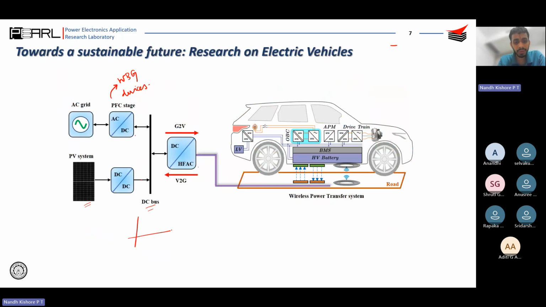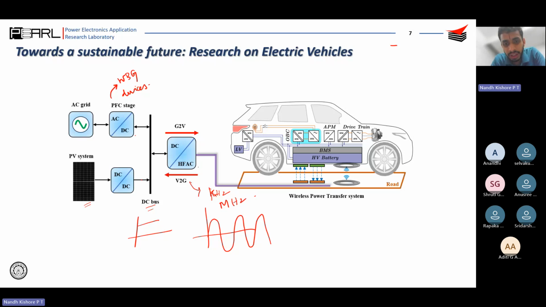Okay, so you have a DC voltage and you will convert it into a very high frequency AC. High frequency AC means something of the order of a few kilohertz or hundreds of kilohertz or even megahertz. Okay, right?